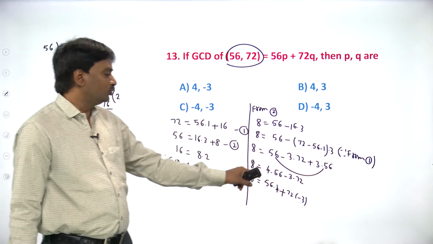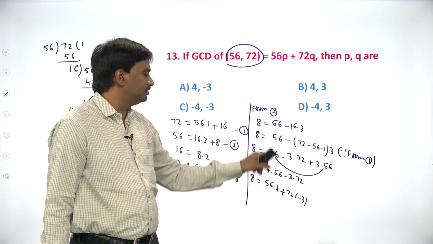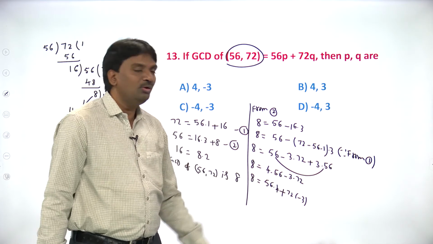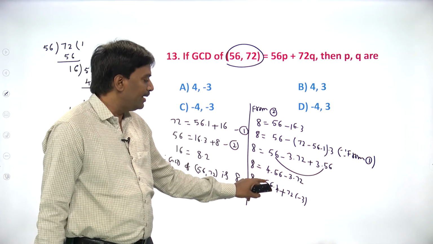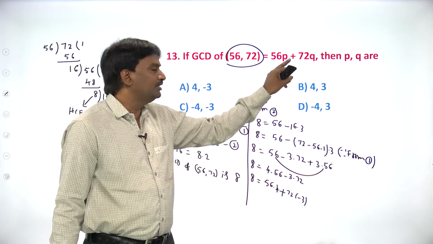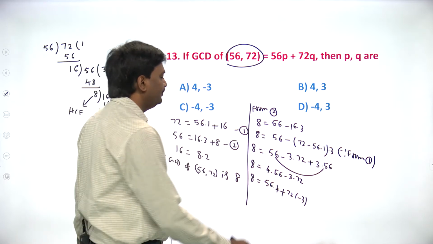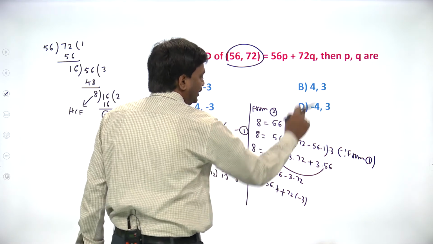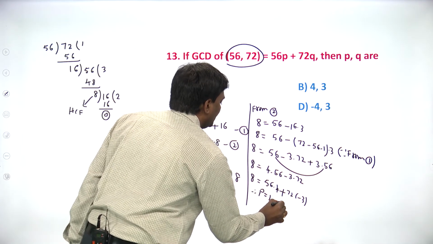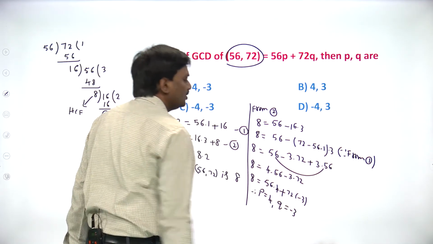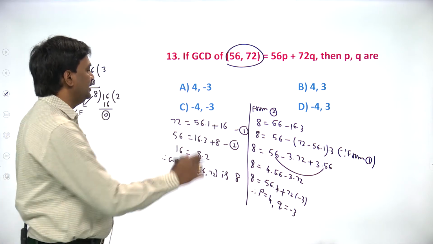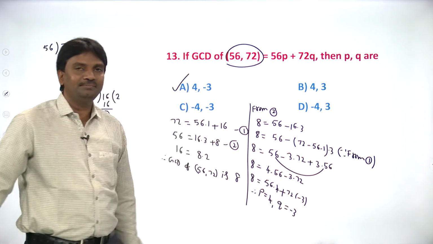If we compare 56 into 4 plus 72 into minus 3 with 56 into P plus 72 into Q, in place of P we have 4 and in place of Q we have minus 3. Therefore P equal to 4, Q equal to minus 3. So the values of P comma Q are 4 comma minus 3, that is option A.